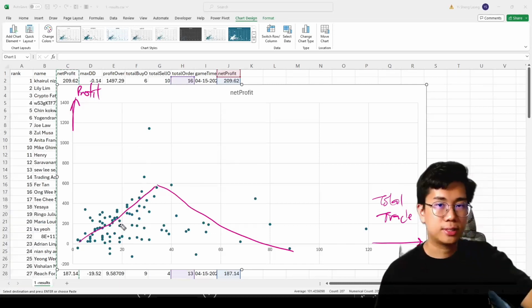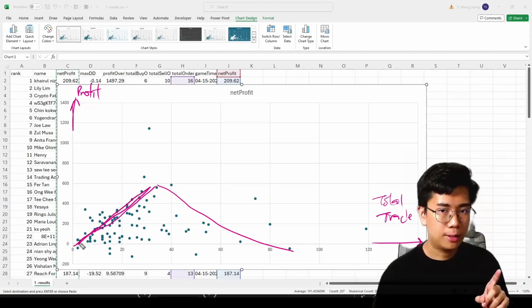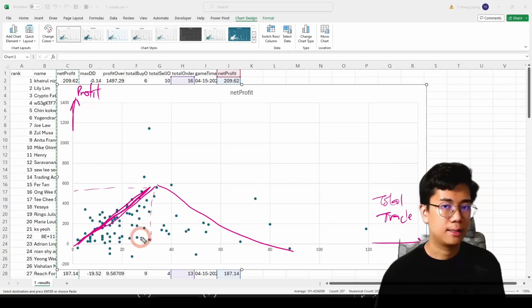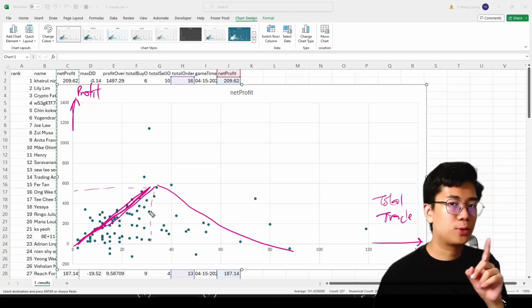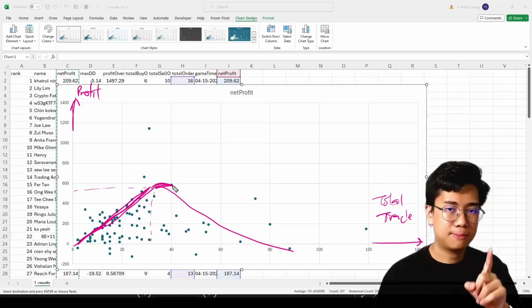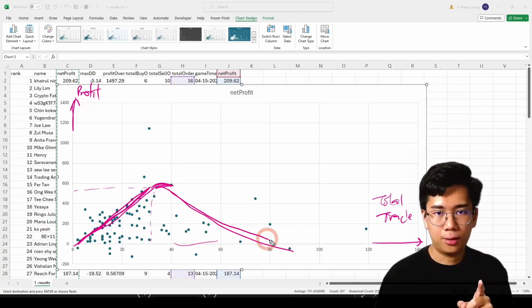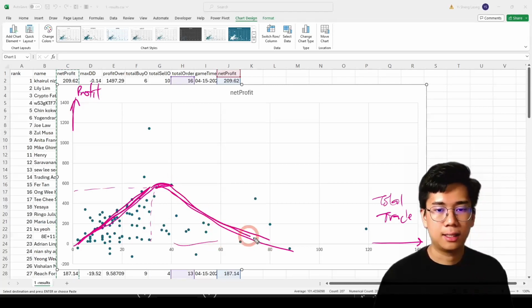It's true that for those with fewer trades, the more you trade, the more profit you get. It's aligned. But up to a certain level, after this boundary, the more you trade, the more loss you will get, the lesser the profit. It becomes a mountain.